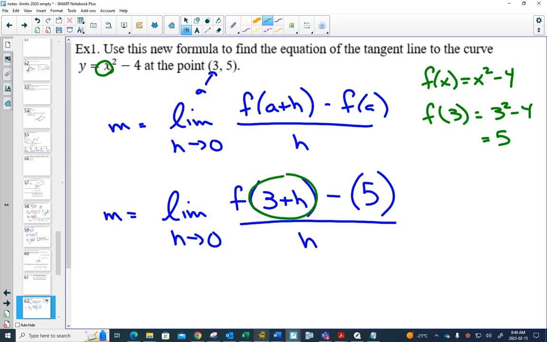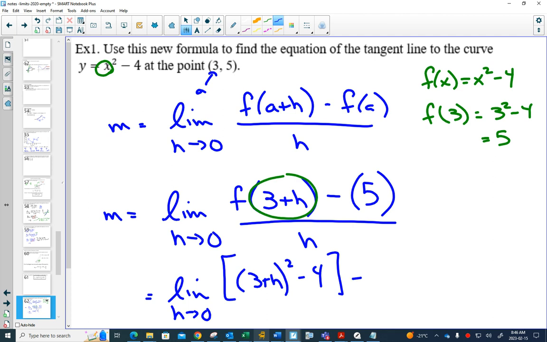F of Alice is Alice squared minus 4. F of 3 plus h will be (3 plus h) squared minus 4. I'll put that in big square brackets. We still have the minus 5 here. We still have the h on the bottom. Does that make sense?